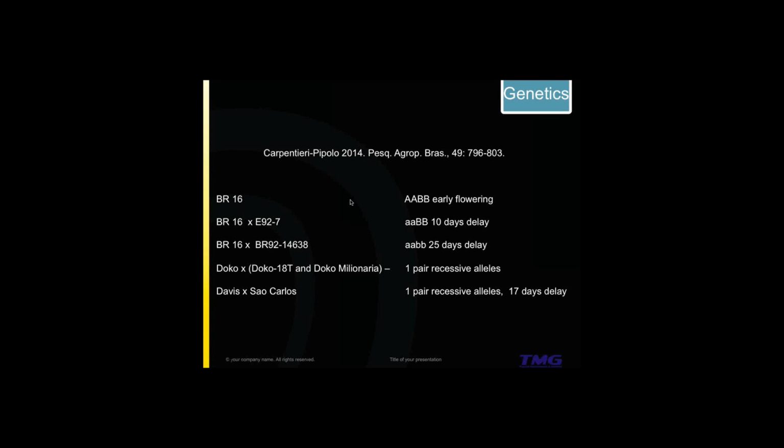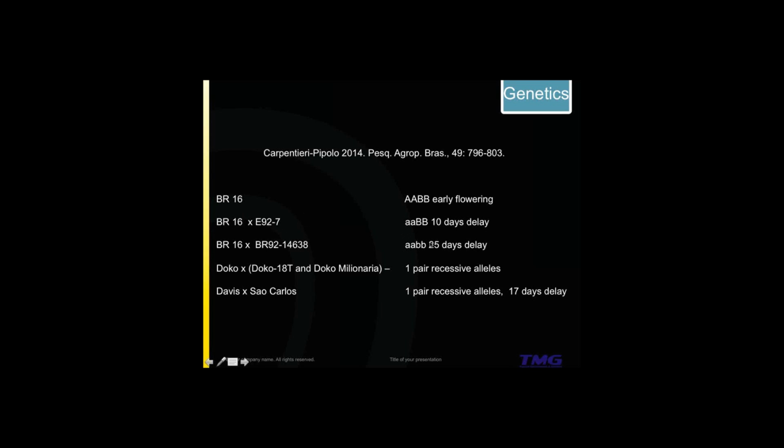They did genetic studies on the long juvenile trait, using, for instance, the BR16, which used to be a very popular variety here for southern Brazil, and 2 mutants selected in seed production fields that were late flowering or late maturity.